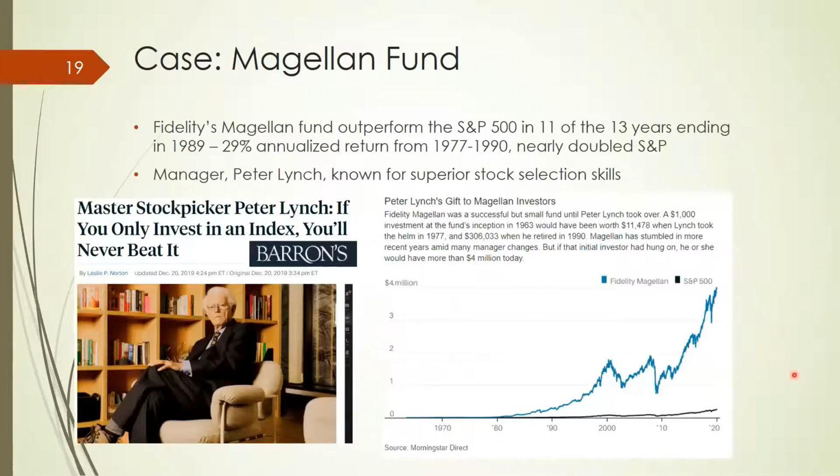We want to use a case study to illustrate how style analysis is done. Here we have the famous Fidelity's Magellan Fund, which was run by the famous stock picker Peter Lynch. He was the portfolio manager of the Magellan Fund from 1977 to 1990, and he retired in 1991.